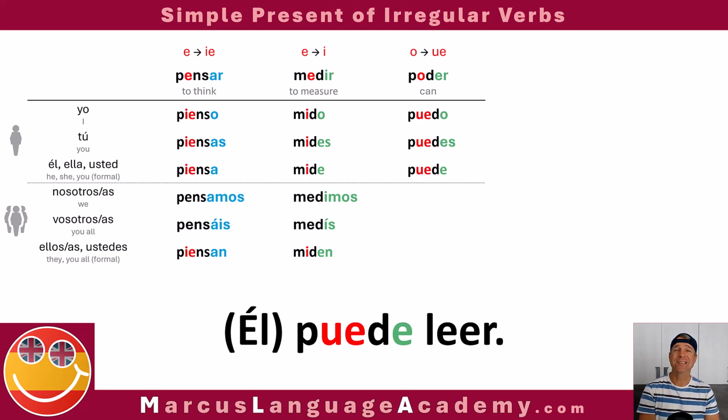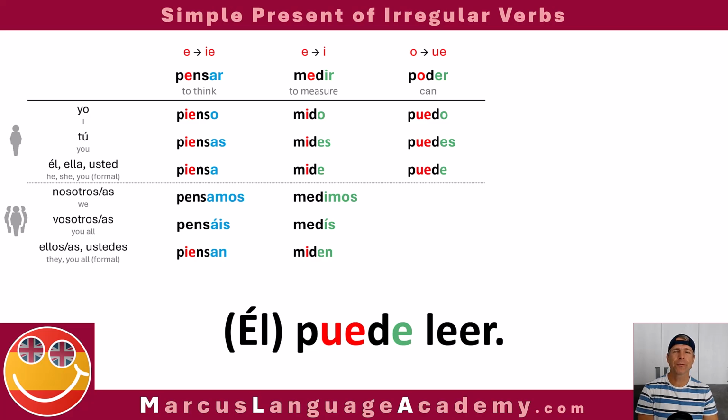And usted is you, but formal. We have formal speech in English too, and so we would use usted, or in plural, ustedes, when we talk to several people. So here in the third person we also find usted, and also puede.